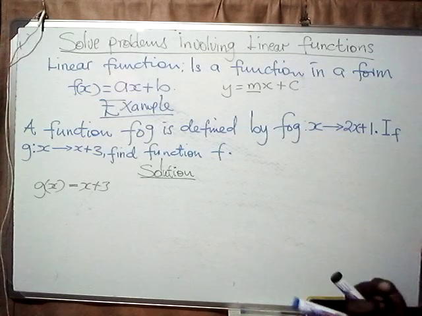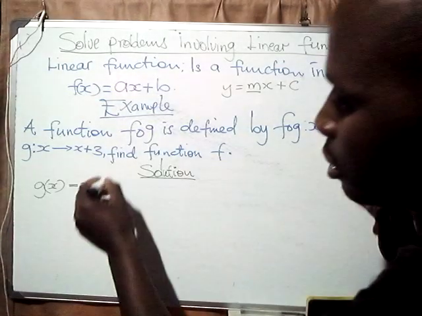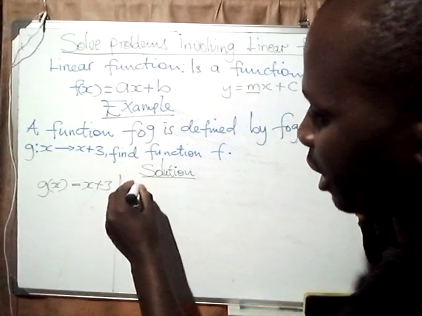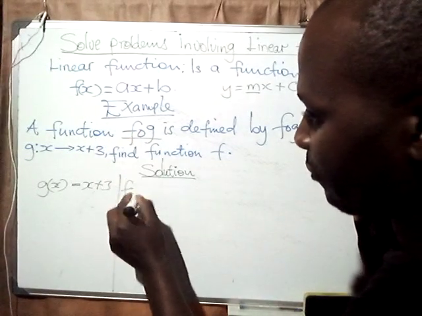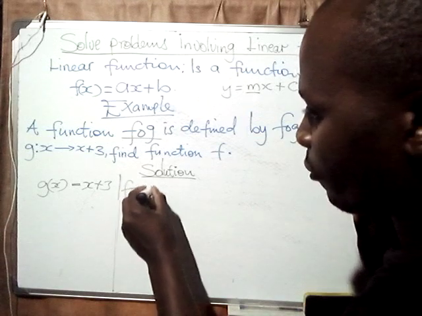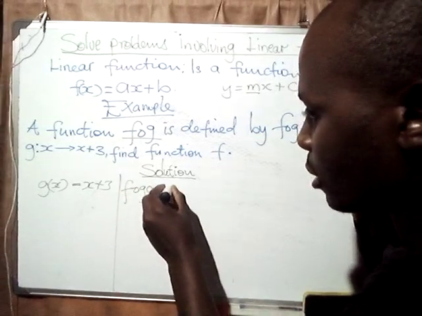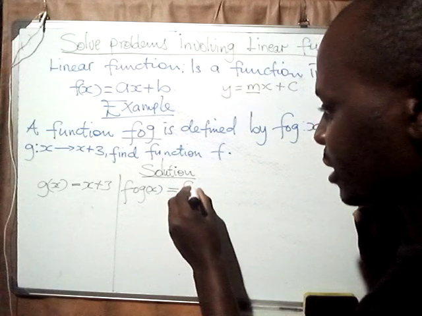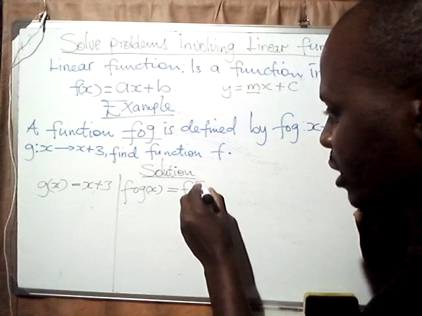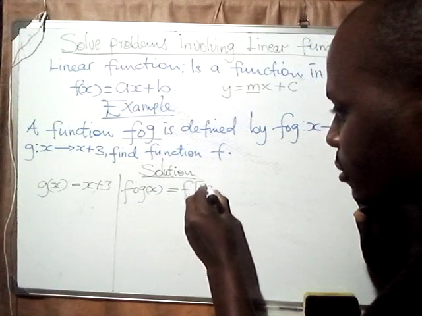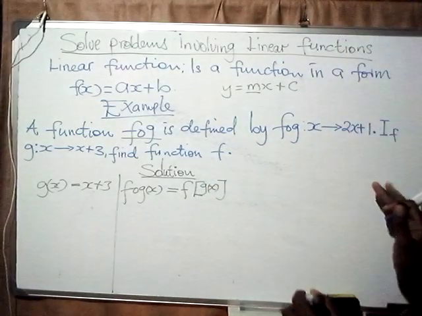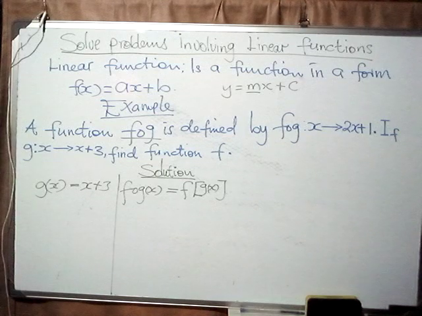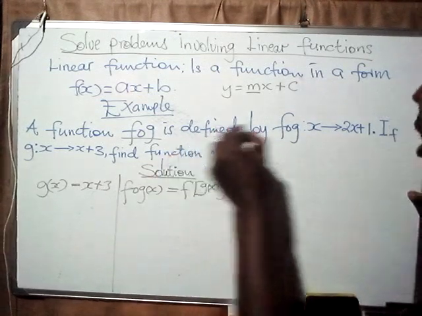So in our solution, we are going to say f of g, and write it as we have always done. Now what is f of g? f of g has been given.